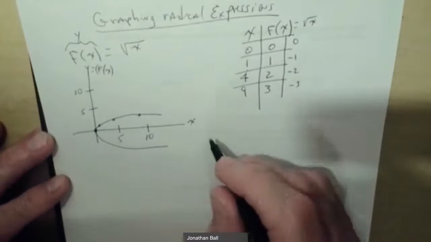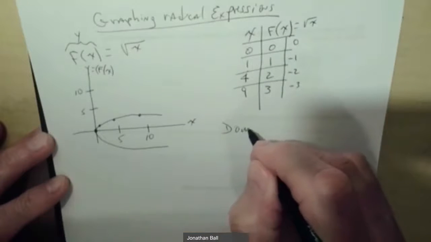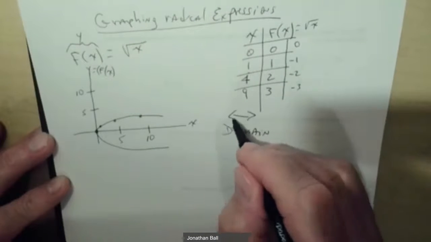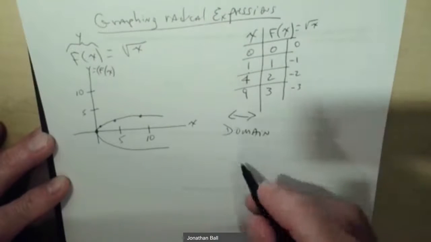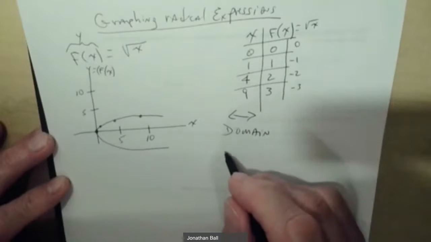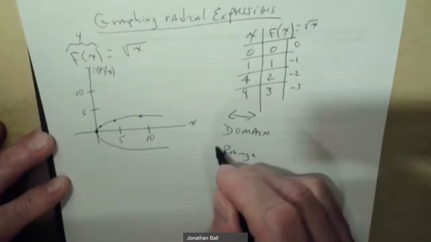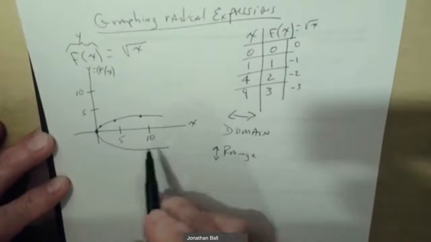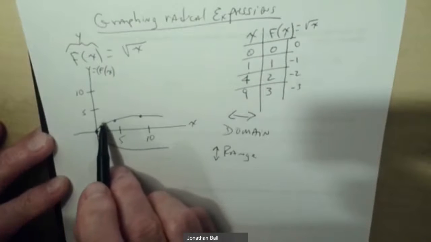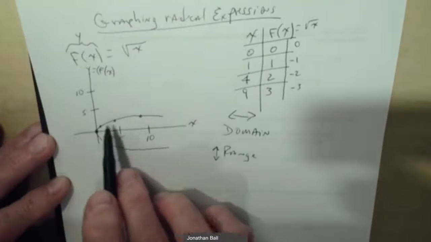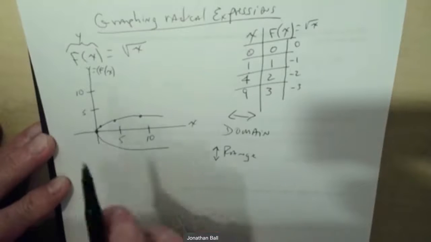Okay, now what is the domain? Remember, domain goes side to side, and the range goes up and down. So how far to the right is this going to go? We know that it ends at 0.